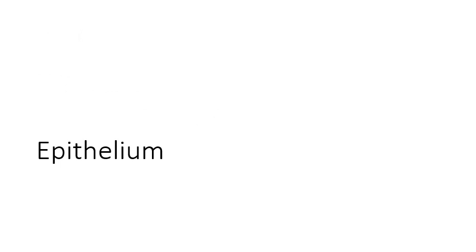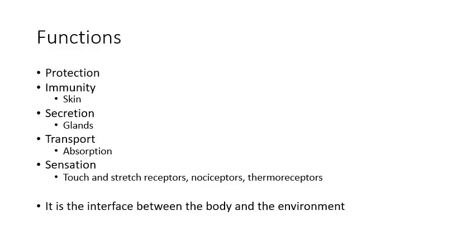Okay, so now we can actually get into the types of tissues, starting with the types of epithelial tissues. As you remember, the epithelial tissues are covering surfaces in the body, both internally and externally. There's a variety of functions that epithelial tissues can serve depending on the exact tissue that we're talking about and where it's located.